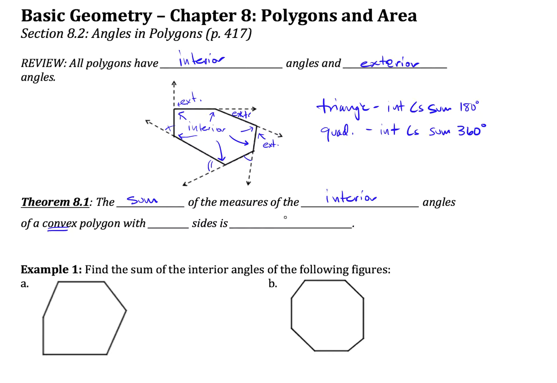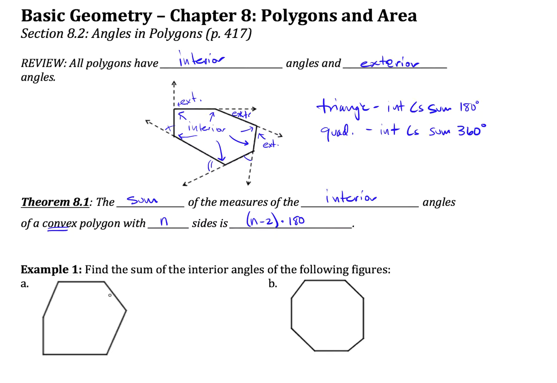But the sum of the measures of the interior angles of a convex polygon with n sides, where n could be any number you want it to be, from 3 up to however high you want it to go, if it has n sides, then the total of the interior angles will be given as n minus 2 times 180. So if we take the number of sides, subtract 2, and then multiply by 180, that tells us what the sum of the interior angles will be.